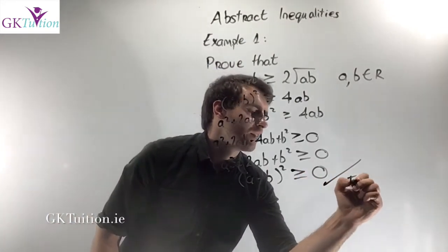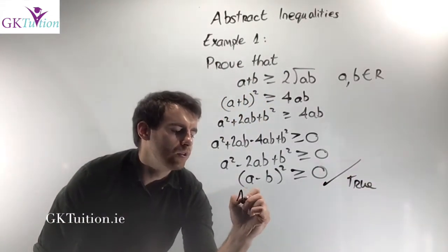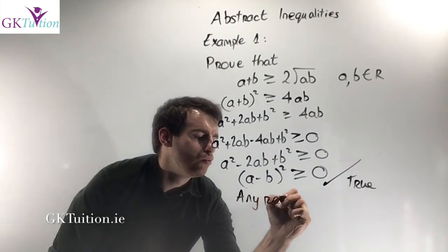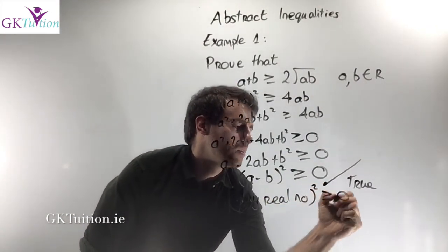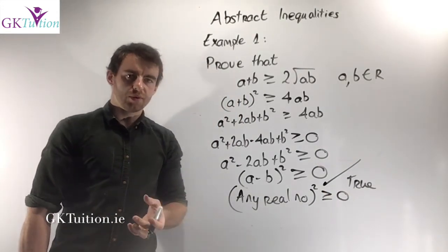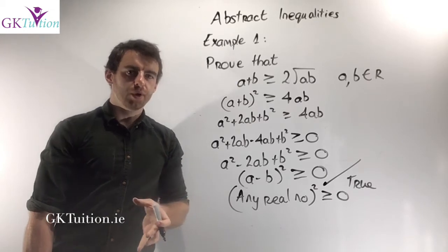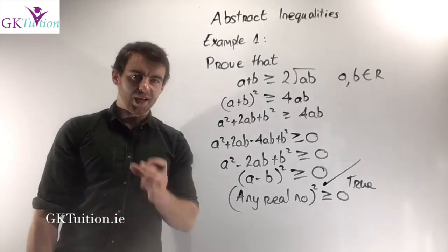I can just tick that and say that it's true. But again, you have to justify it. And my justification is that any real number to be squared is greater than or equal to 0. You cannot say that anything squared is greater than or equal to 0 because that's not true for complex numbers. You could square a complex number and get something negative.